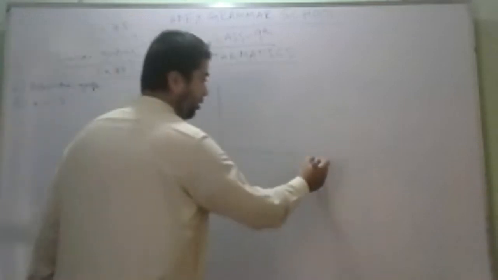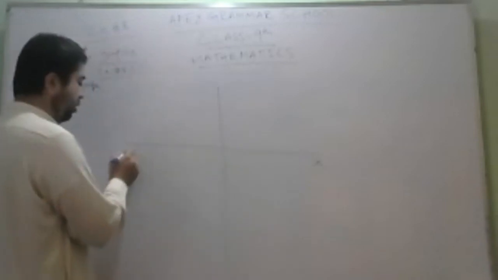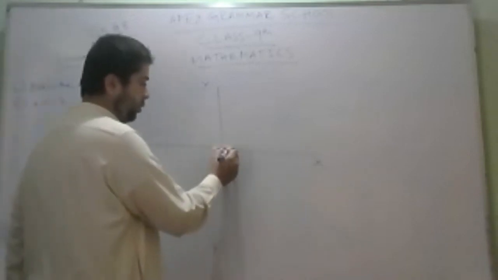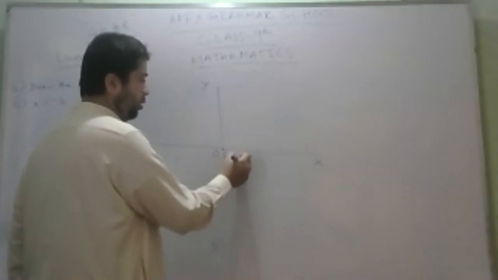If you need to draw it through the points, you can do this. This is positive x, this is negative. This is positive y, this is negative. Now you need to find where the value of x equal to -3 is. This is the region. The negative value of x will be here.